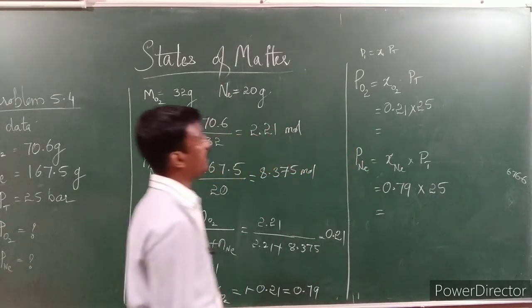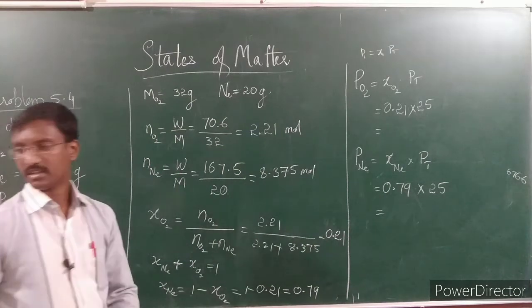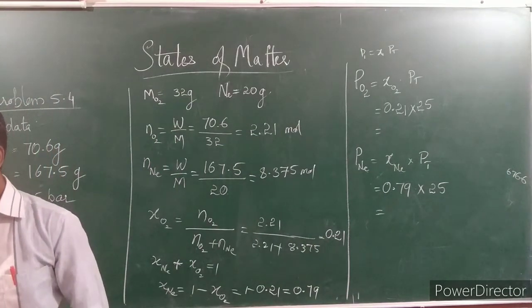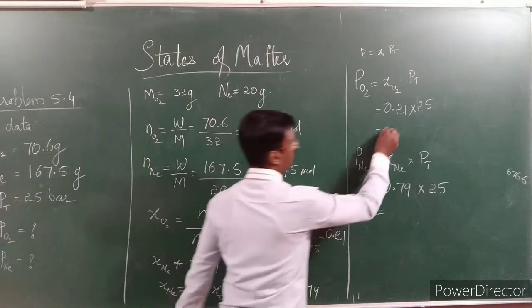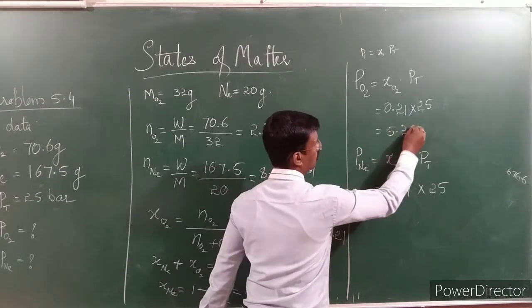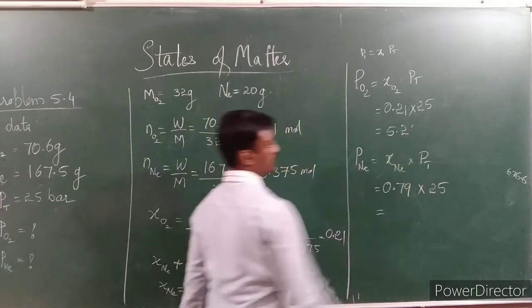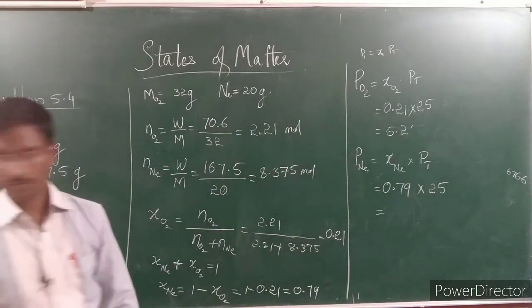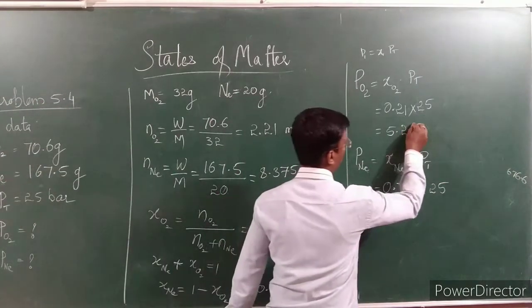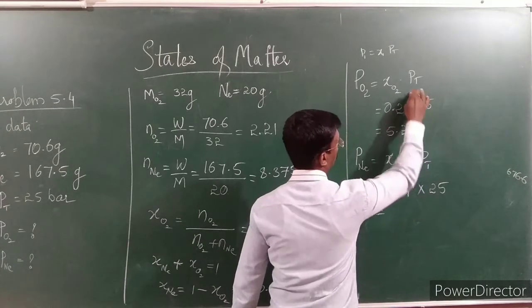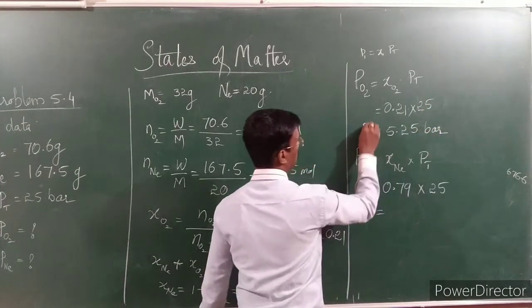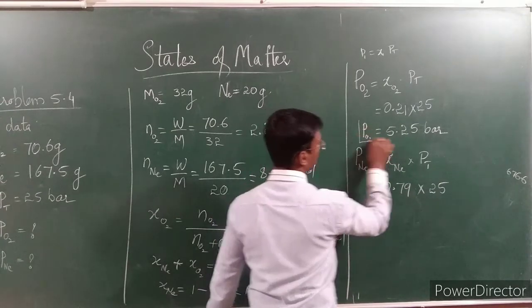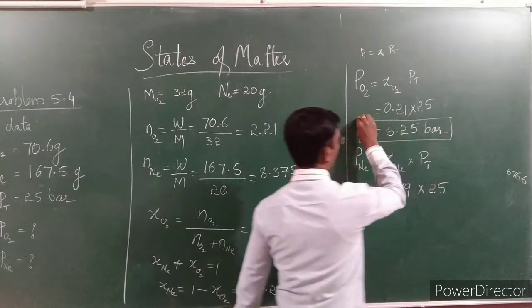So by multiplying these two we get the answer: the partial pressure of oxygen is 5.25. In the given data they have given the total pressure in bar. That's why I am writing here also that the partial pressure of oxygen is 5.25 bar.